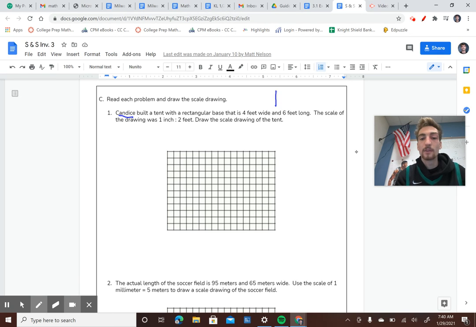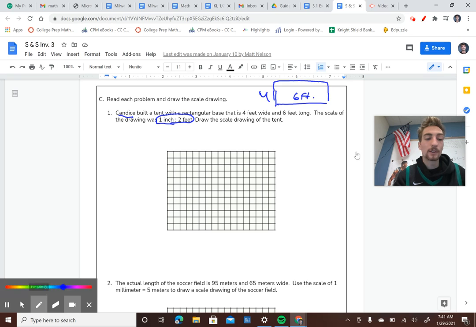So if I were to draw this, it's going to be 4 feet by 6 feet. Okay. And when I draw it, 1 inch is equal to 2 feet. So here, 1 inch will cover 2 of these feet. So I have to divide each of these by 2 to figure out how many inches I'm going to draw. So I divide it by 2, divide it by 2.